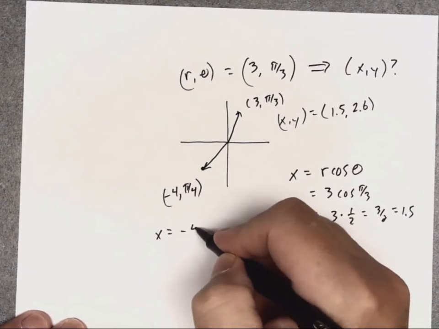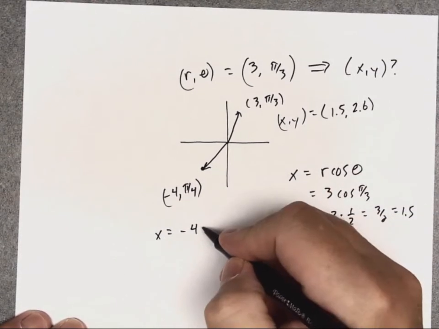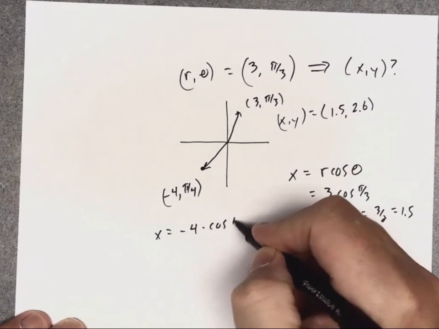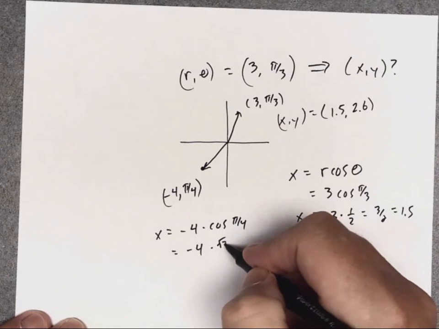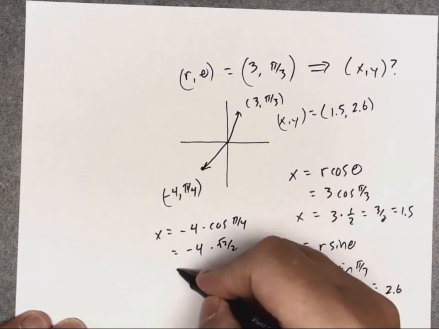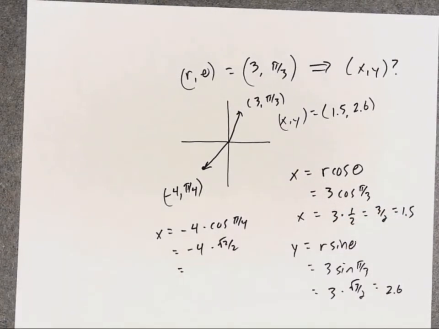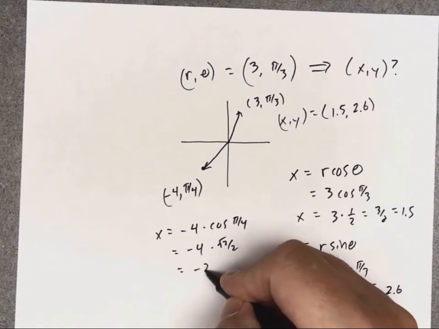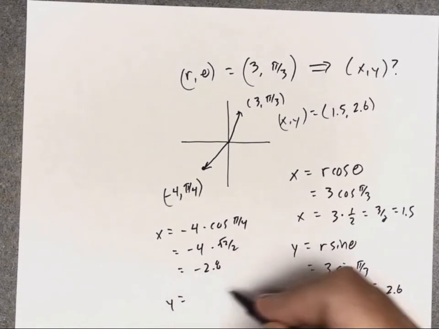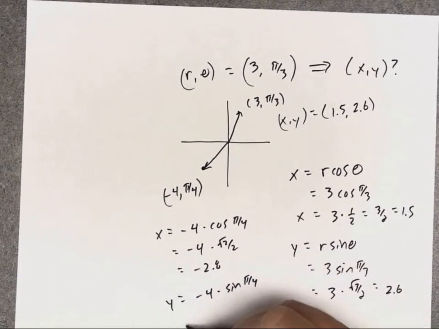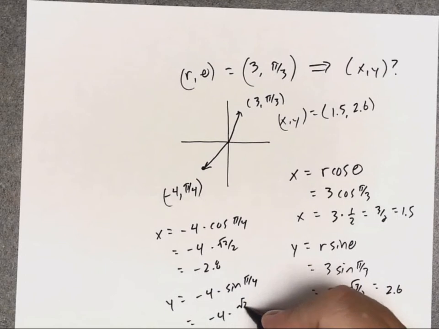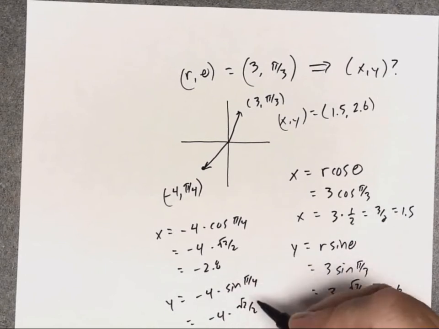So x is -4 times the cosine of pi over 4, -4 times square root of 2 over 2, it's like -2.8, and y would be -4 times the sine of pi over 4, -4 square root of 2 over 2. It's actually going to be the same point.